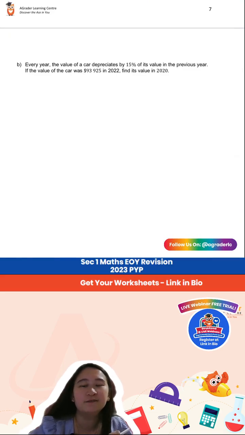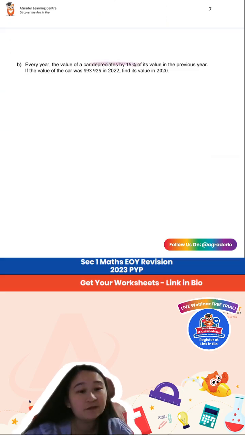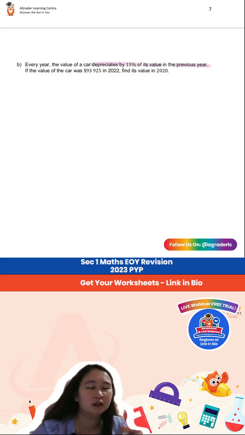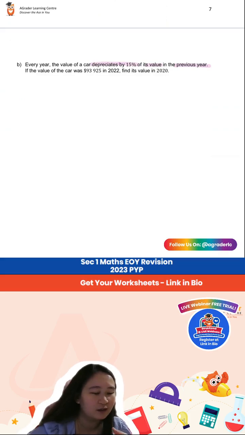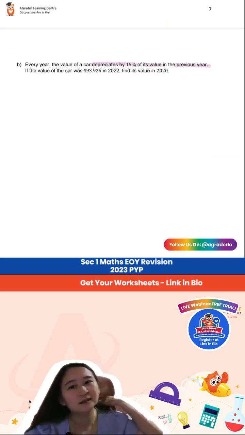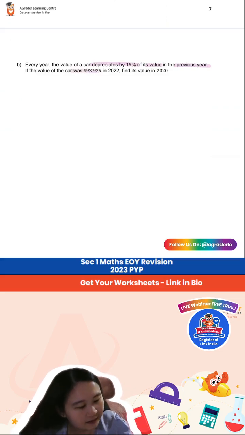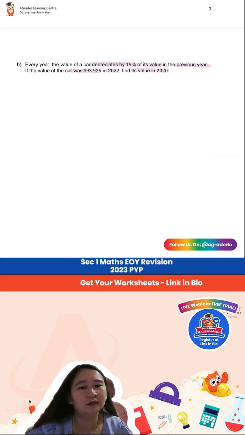So every year the value of a car depreciates by 15%. This means the value of the car will go down by 15% of its value in the previous year. So the depreciation amount is getting lesser and lesser every year because the value of the car in the previous year is also lesser. If the value of the car is $93,925 in 2022, find its value in 2020.